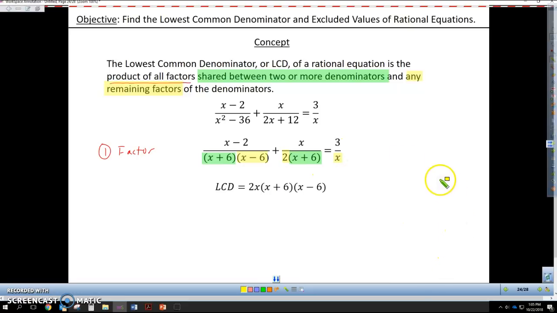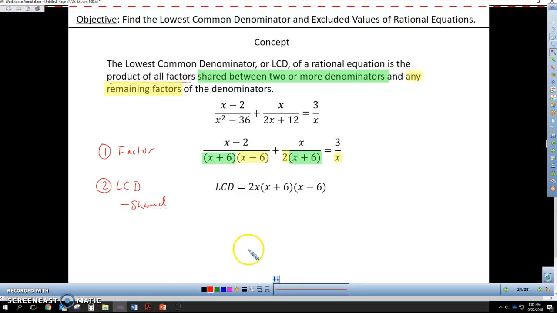So these become remaining factors. Now, how we write our LCD is you take the shared factors, and you write those first. So if I was writing shared, this would be x plus 6. I write that once, and you can see that present here, x plus 6.